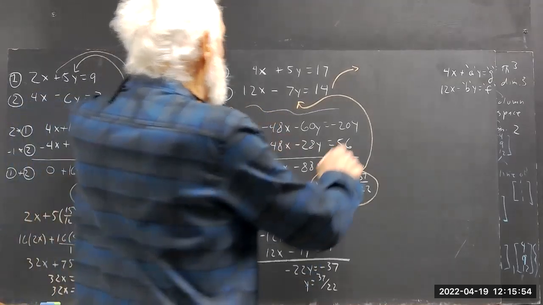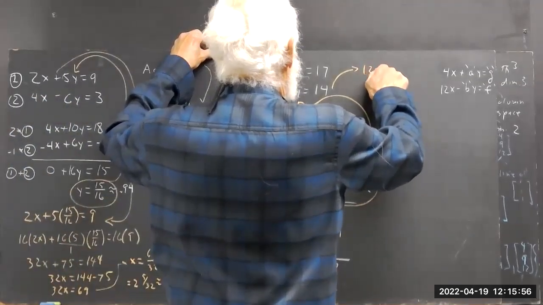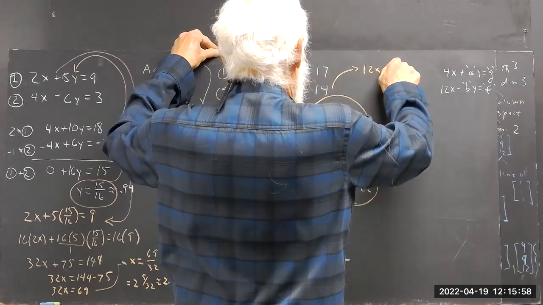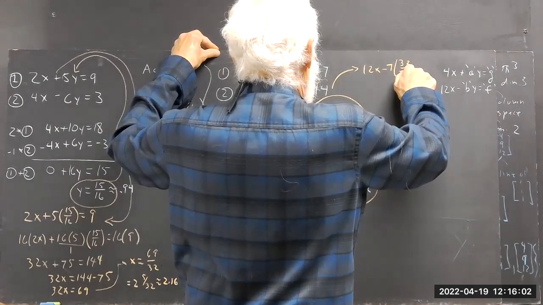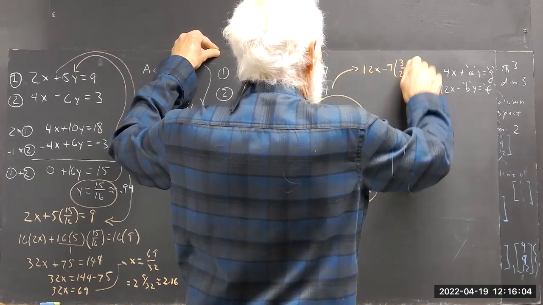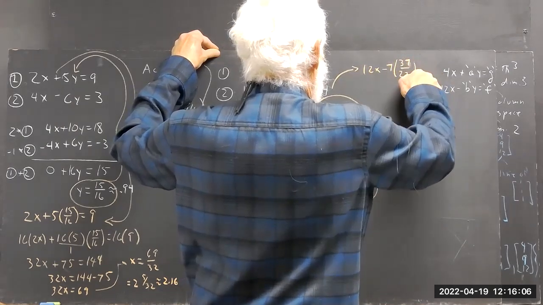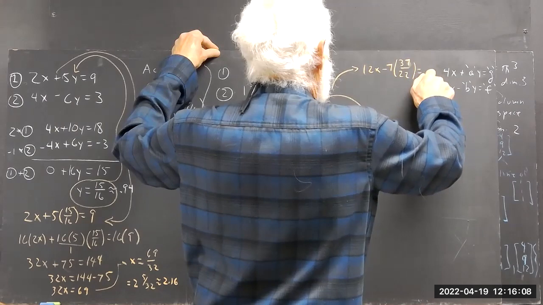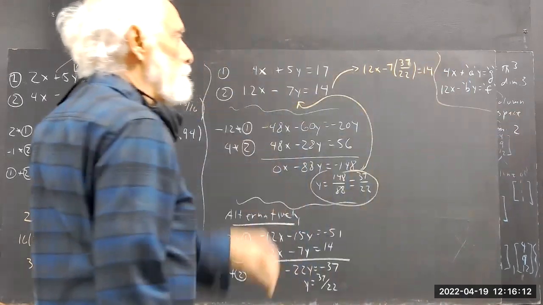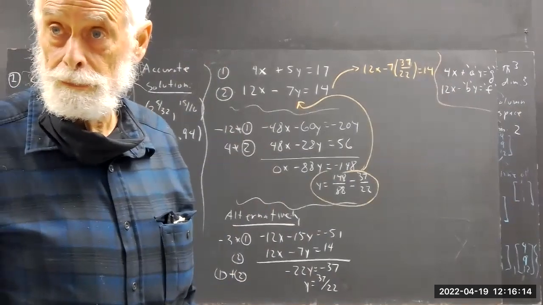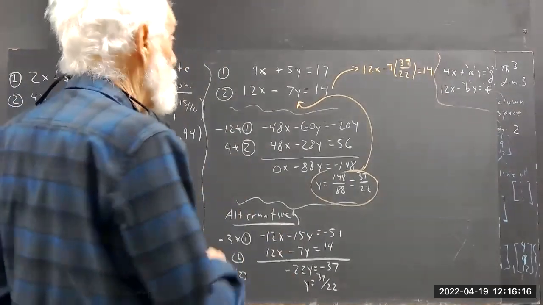Okay, so I would get 12x minus 7 times 37/22 equals 14. Then I have to solve that. Well, I multiply everything by 22.